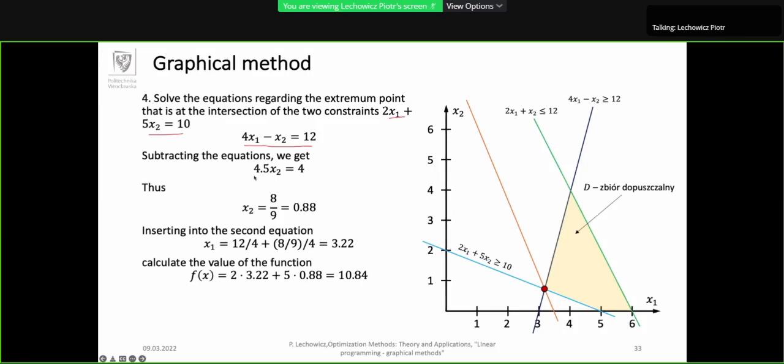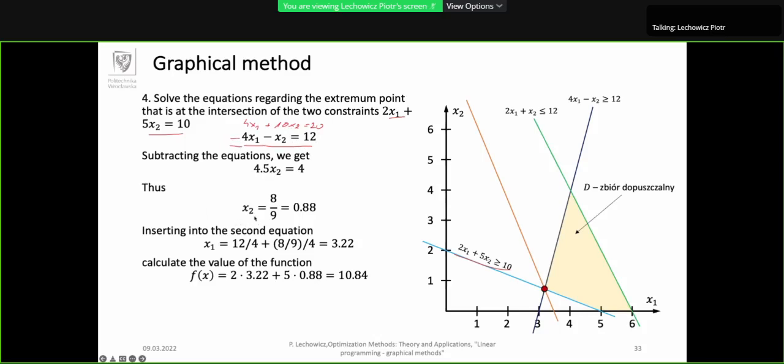we obtain, first multiply this by 2, so we have 4x1 plus 10x2 is equal to 12, right? This is this equation. If we subtract them, we obtain 9x2 is equal to 8, so 4.5x2 is equal to 4.